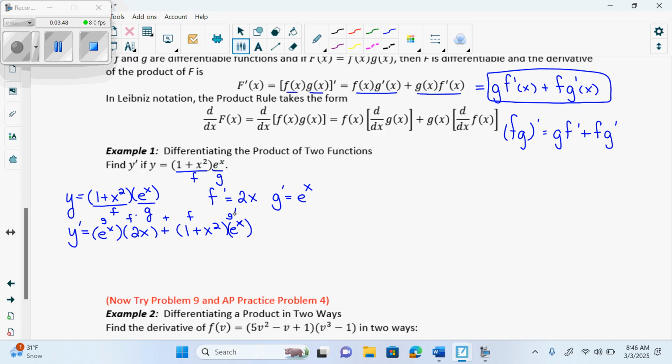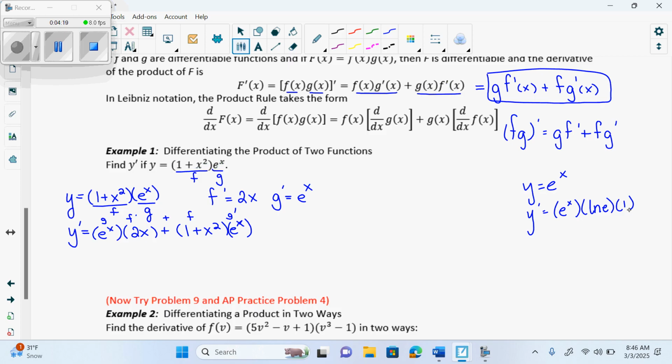Okay? Looking at me. Whenever you have a numerical base to a variable exponent, like e to the x, we said that the derivative, so if y was e to the x, I said that y prime, when you get a numerical base to a variable exponent, the first thing you do is rewrite it, then you ln the base, and then you do the derivative of the exponent, which was 1, correct?